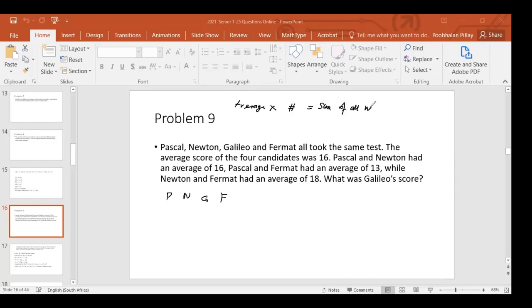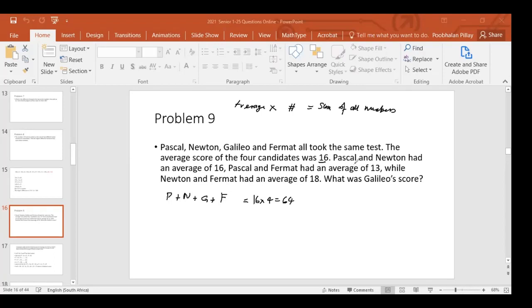Because if you work out the average, you work out the sum and you divide by the number to get the average. So this is important. The sum of all these numbers, since the average of these 4 people was 16, must be equal to 16 times 4, and that is 64. Right, so you have an equation.